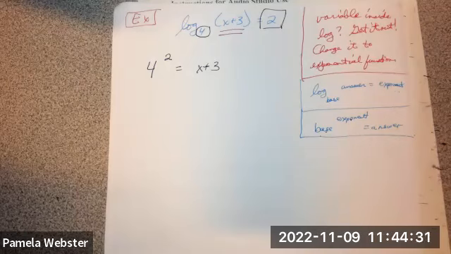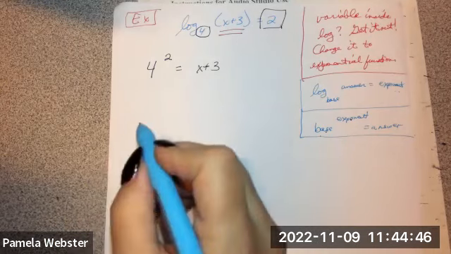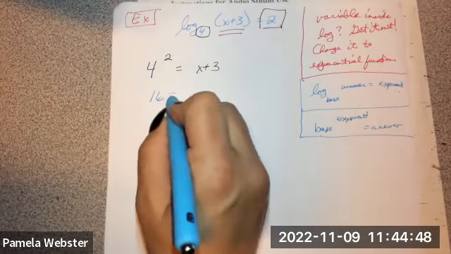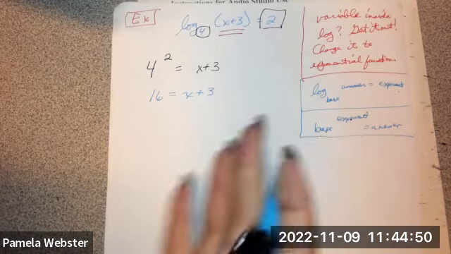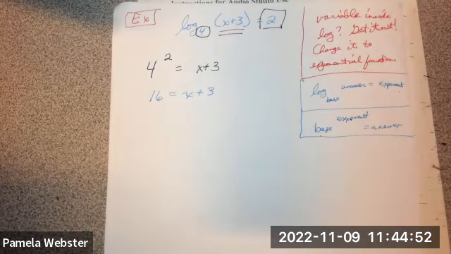So when it's a logarithmic function and the variable's inside, and you're like, I can't do anything with that, a lot of times what you need to do is change it to exponential, and now boom, I can work with this. So 4 squared is 16, 4 times 4. 16 equals x plus 3. And sure enough, we can solve for x there, right?